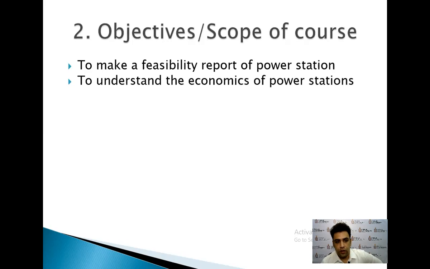They will understand the economics of power stations, which power station is expensive, which is better, and it's not only about the running cost, it's also about future planning. For example, the life of a hydroelectric power station is like 100 years.